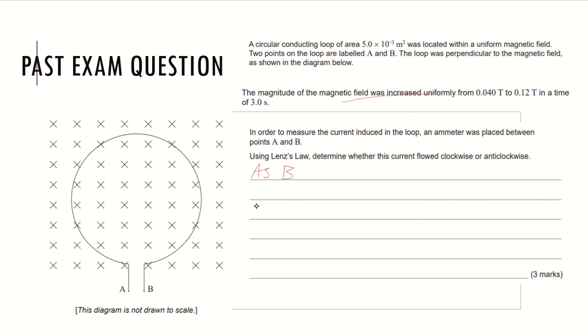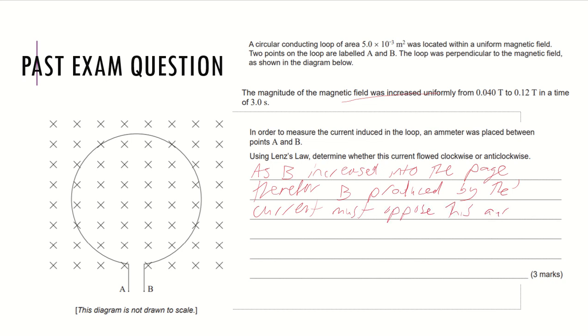So as the magnetic field increased into the page, therefore the magnetic field produced by the current must oppose this, and hence the magnetic field from the current is out of the page.